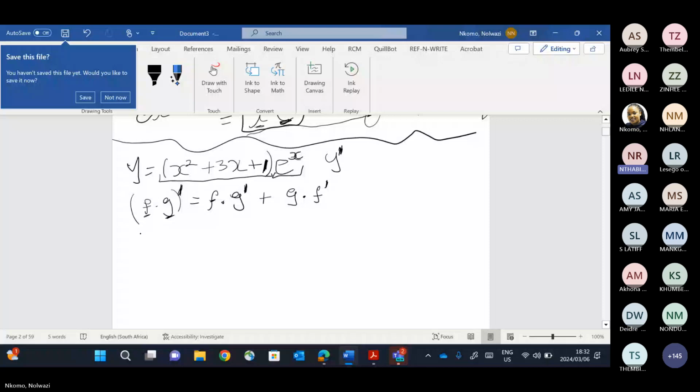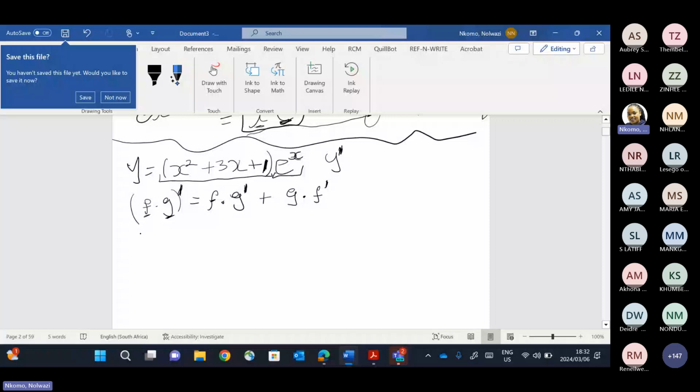So it means now we are using rule 4. I'm still using rule 7, the multiplication, the derivative of two functions, f times g. Rule 7 says the derivative of f times g.